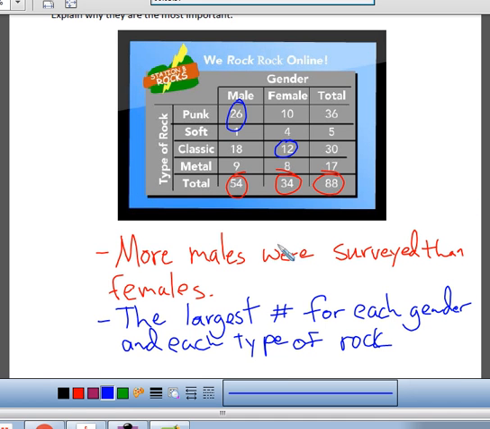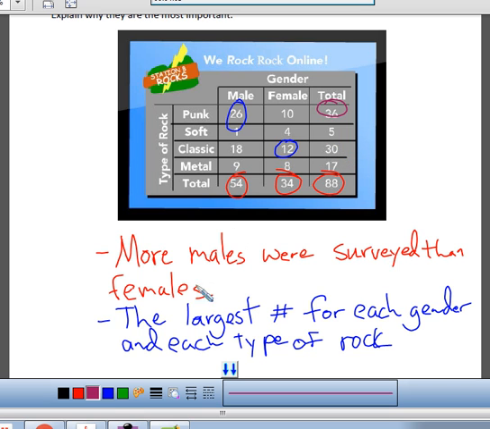Some people might say, really, aren't the totals for each type the important part? Like this number here, 36, says that punk is the most favorite type of rock. But the problem with that is, so many males like that, but that's not the females' favorite.